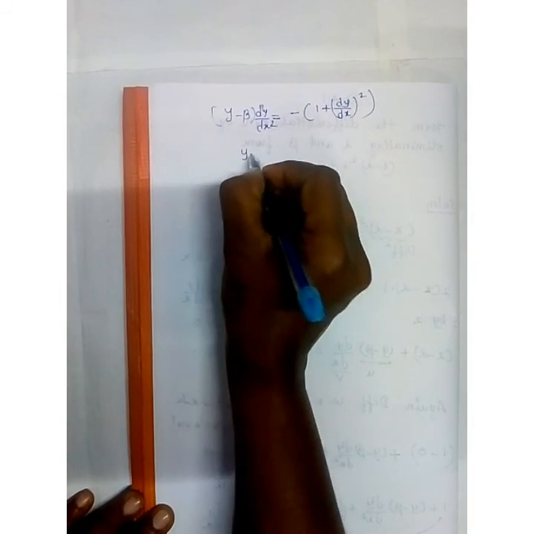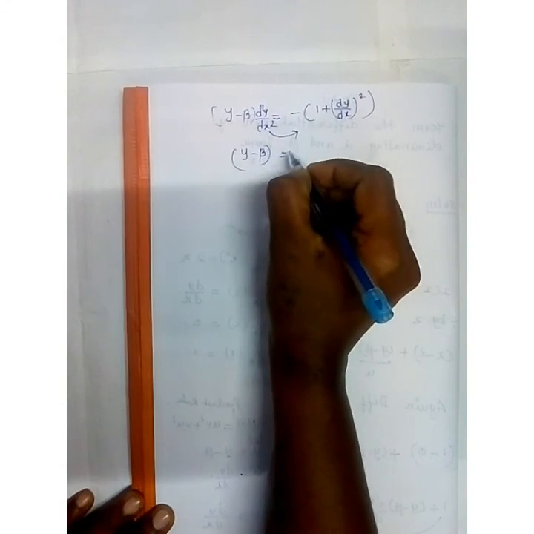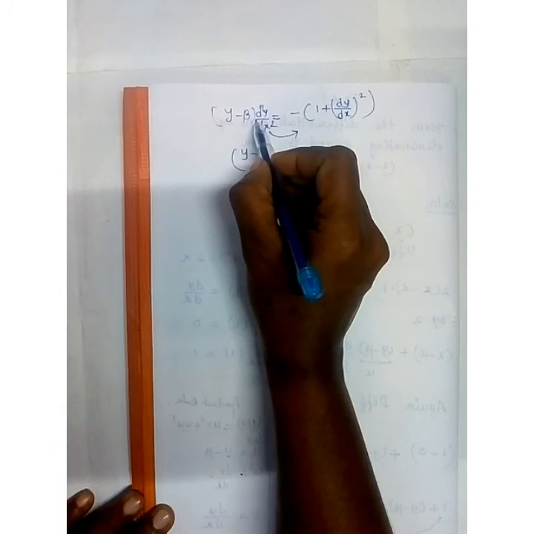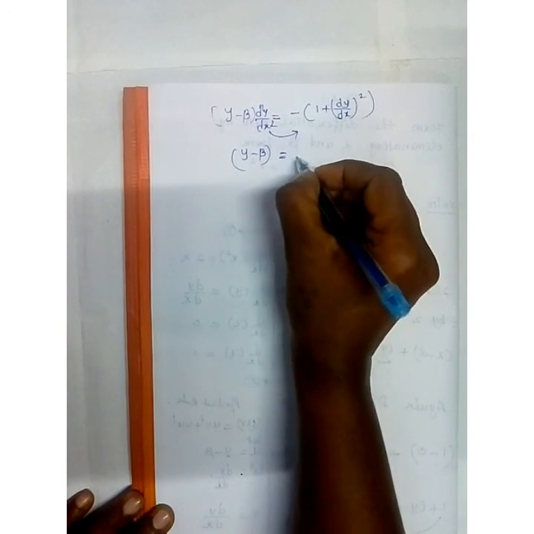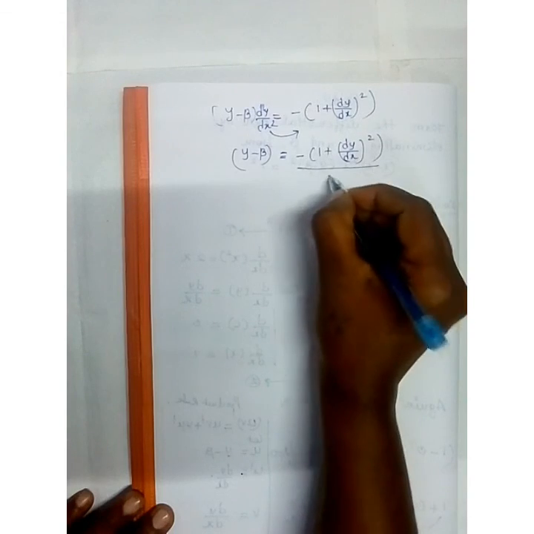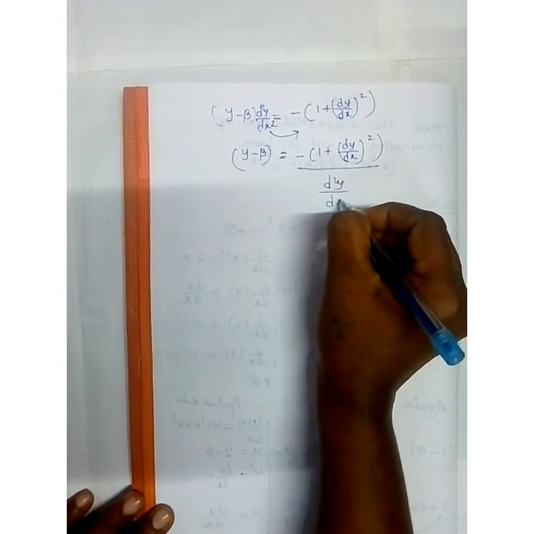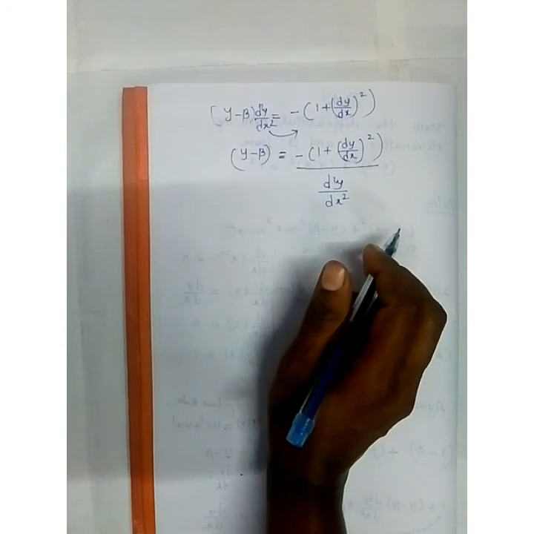We need to find y minus beta alone. So when it comes to this side it will become the reciprocal because it is in multiplication. So when it comes to the right side it will become division. So minus of 1 plus (dy by dx) whole square divided by d²y by dx². This is what our y minus beta term is.